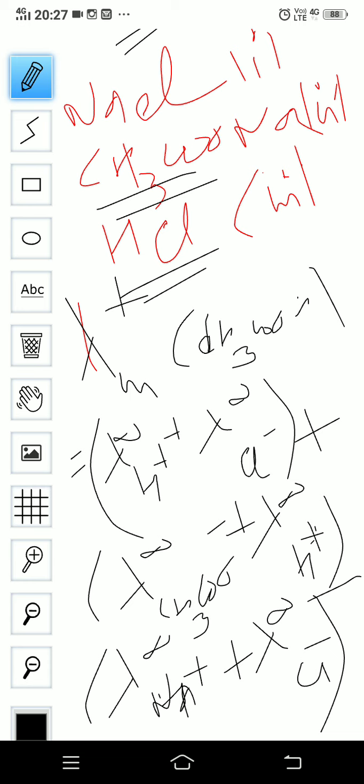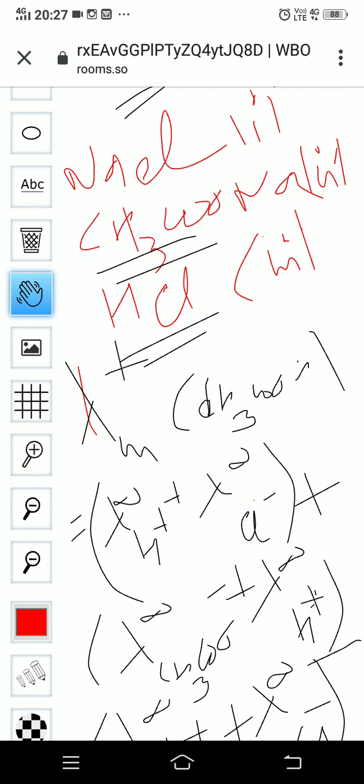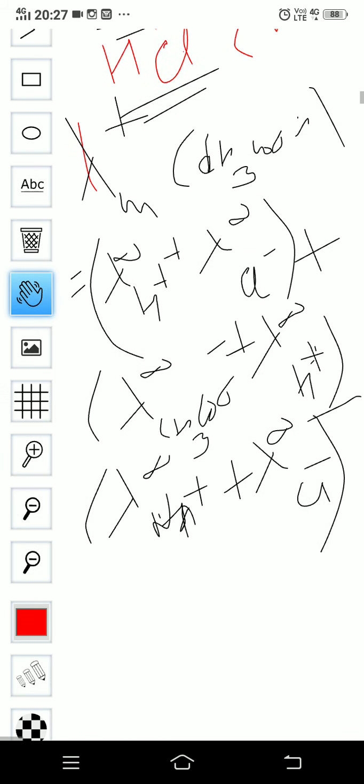Now the fun part is this Cl gets cancelled. I need to find the value of H plus and CH3COO minus, right? So this Cl gets cancelled.